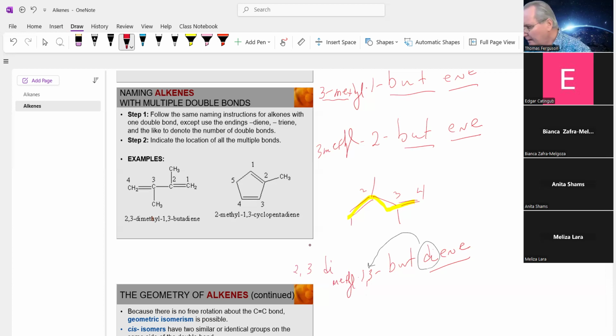And then we can also have cyclic alkenes as well. Now they're a little trickier to number because you can have various combinations. And remember, when you're numbering double bonds, you count the first one. Like in this case here, we're numbering clockwise. So that would be carbon number 1 there. Carbon number 3.